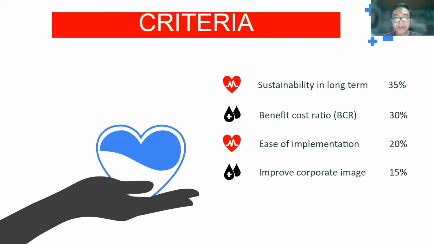Secondly, benefit cost ratio (BCR). We decided to give 30% because the benefit of the alternative must exceed the cost that has been invested, to ensure the investment made to implement this strategy is worth it. The next one is ease of implementation with 20%.